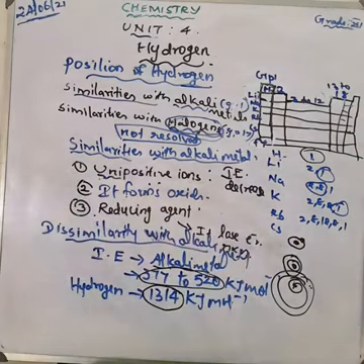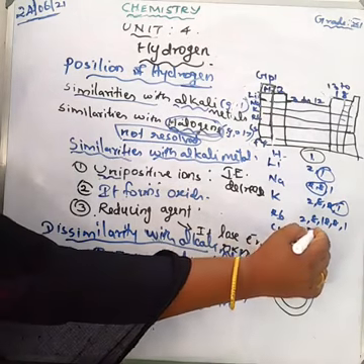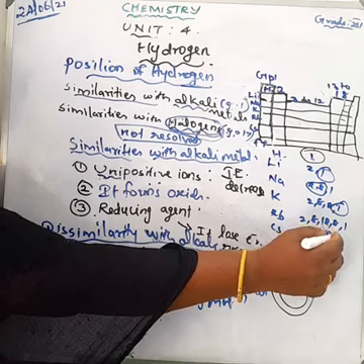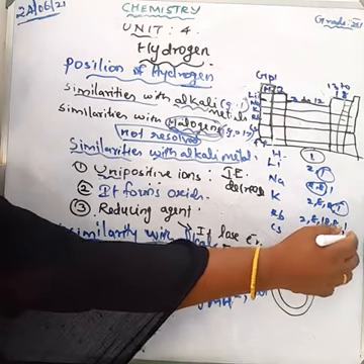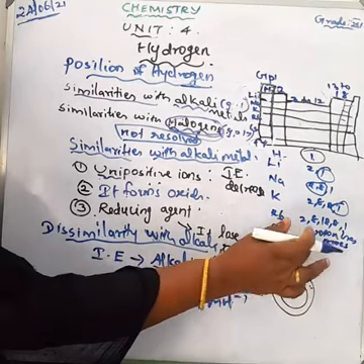The proton has mass; the proton is heavier than the electron, and the mass of the electron is very low. Comparing the mass of the proton and the mass of the electron, the mass of the proton is very big compared to the electron.